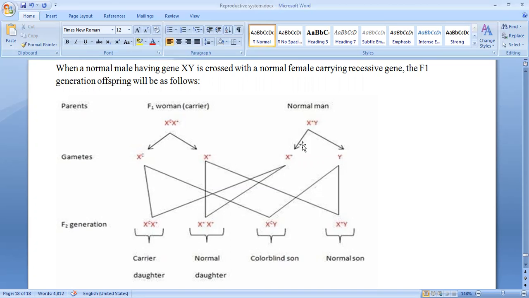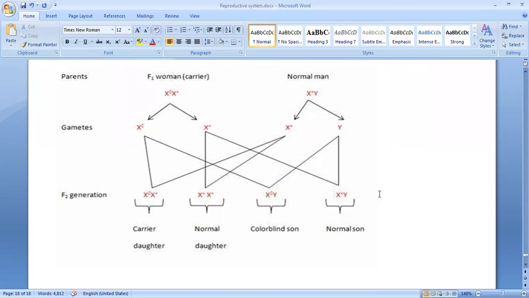In the normal man, one is the X star gamete and the other is the Y gamete. Correct? So now when the children are born in the first generation, what can happen here? If the XC of the woman combines with the X star of the man, then the offspring will have XC X star. Since that XC is carried here, this is a carrier daughter.